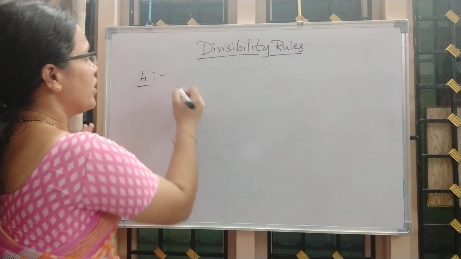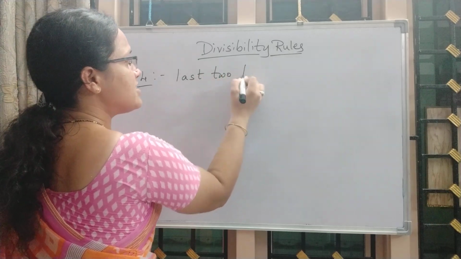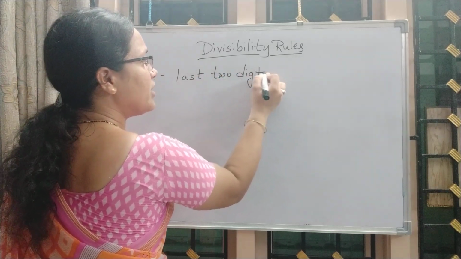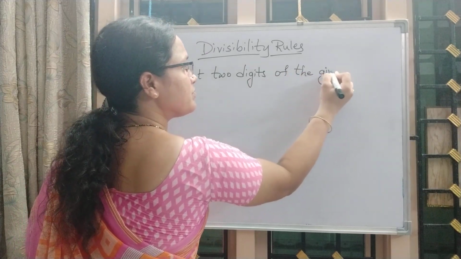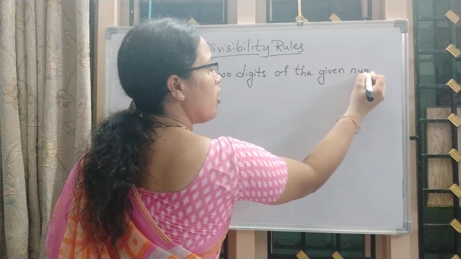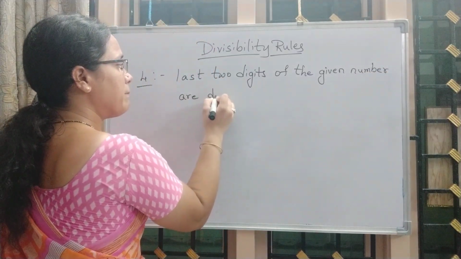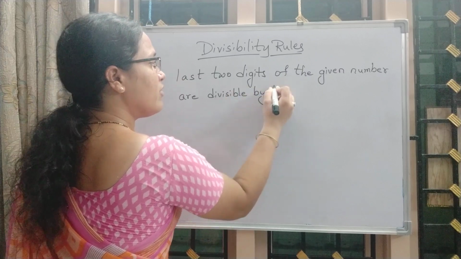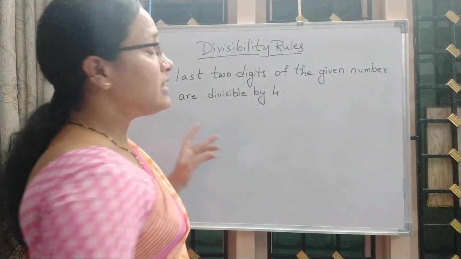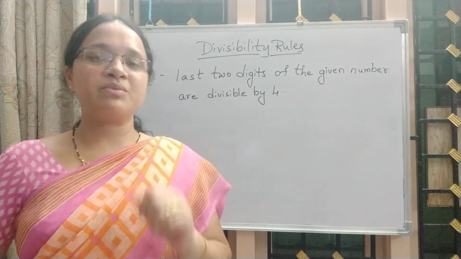So, if the last two digits of the given number are divisible by 4, then the given number is said to be exactly and completely divisible by 4.